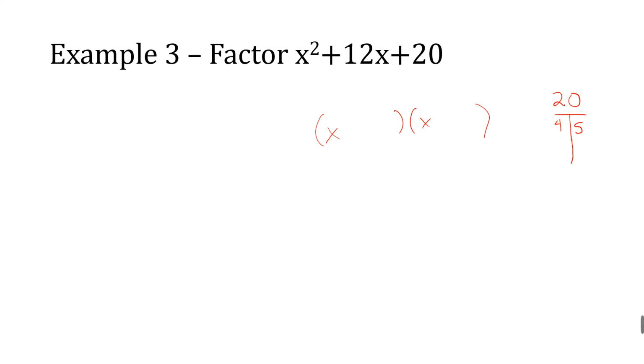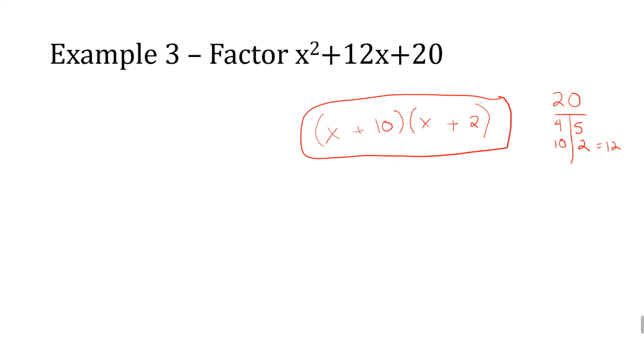Well, 20 has other factors like 10 and 2. If you take 10 and 2 and add them, you get 12. So you need a 10 and a 2, and we have all pluses, so it's going to be easy. We're going to have pluses inside as well. And again, you can check your answer by FOILing.